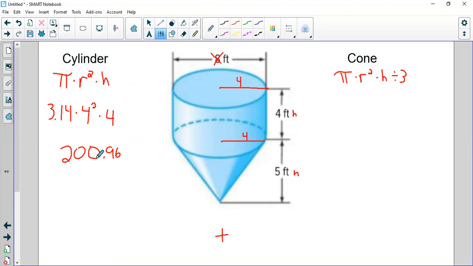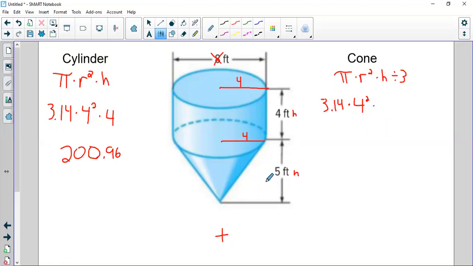And now my cone. My cone is also going to start with pi times the radius, which is also 4 squared. Don't forget to square it. Times the height of the cone.